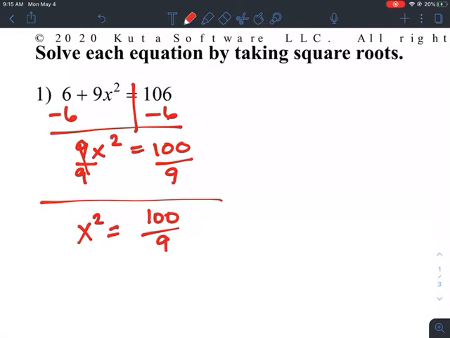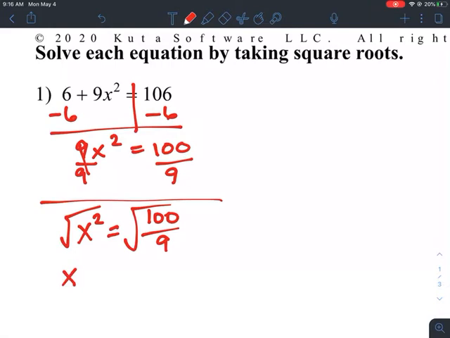We are not estimating with decimals, okay? So like on your work today, the multiple choices are going to be exact answers. So to undo a squared, you're going to take a square root. So on this side, we just get x.